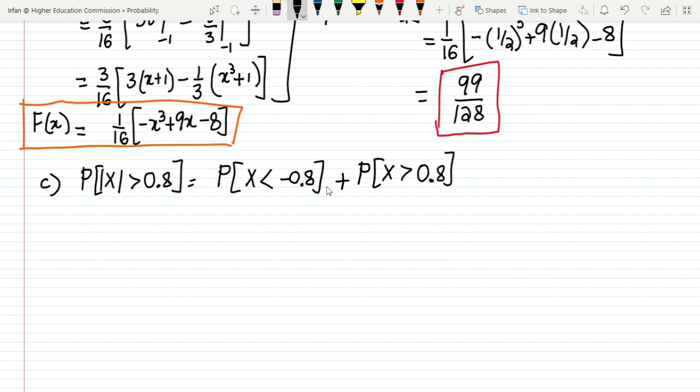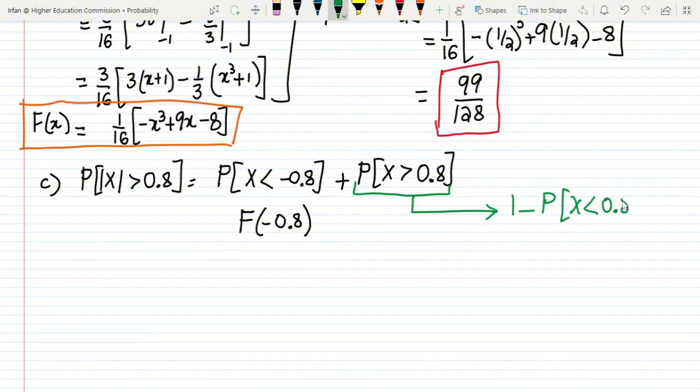I have to encounter both of these cases, and accumulating them will give me the required answer. The first one I can write very easily by using the CDF, at minus 0.8, while for the greater one I can find it as 1 minus the probability of x less than 0.8.